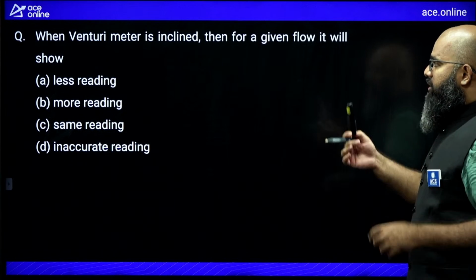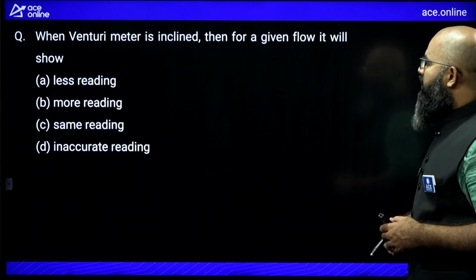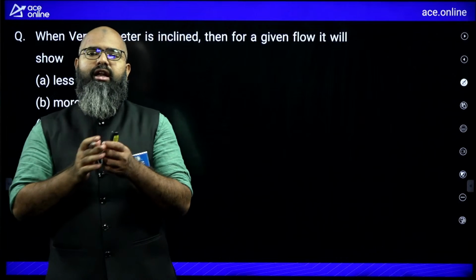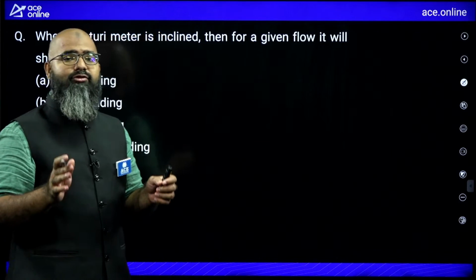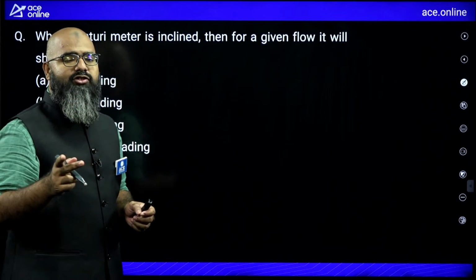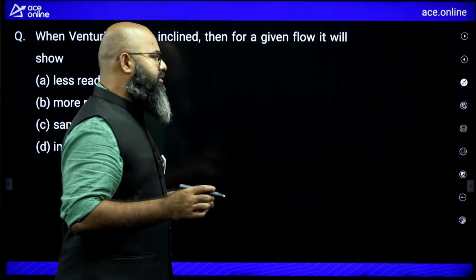Now the question on Venturi meter. When a Venturi meter is inclined, then for a given flow, it will show what? This is a very, very important question. It has appeared in almost every examination. As a matter of fact, it has also appeared in the GATE examination for 2 marks. Generally, we assume GATE 2-mark questions are difficult, but this is a very fundamental, easy question.